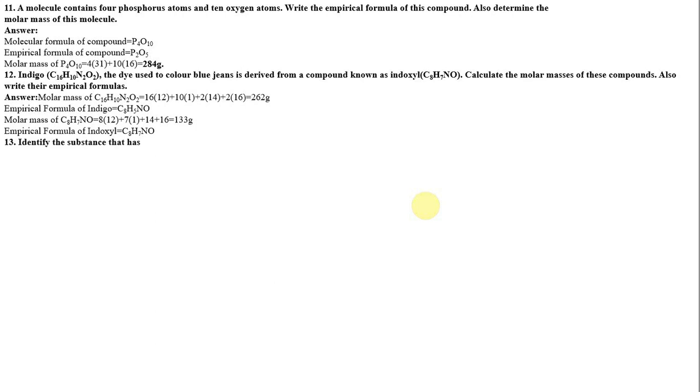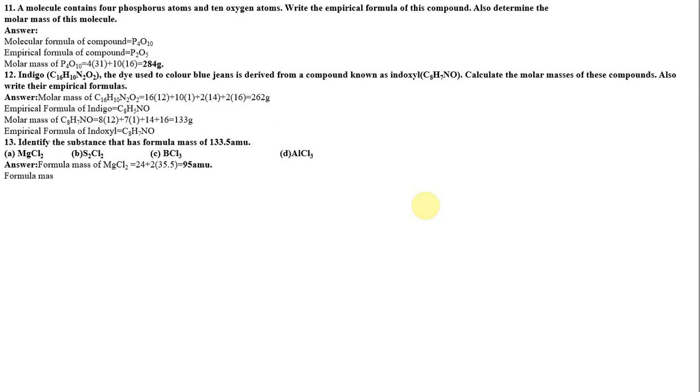Identify the substance that has formula mass of 133.5 AMU. A, MgCl2, B, H2Cl2, C, BCl3, or D, AlCl3. Formula mass of MgCl2 is 95 AMU.